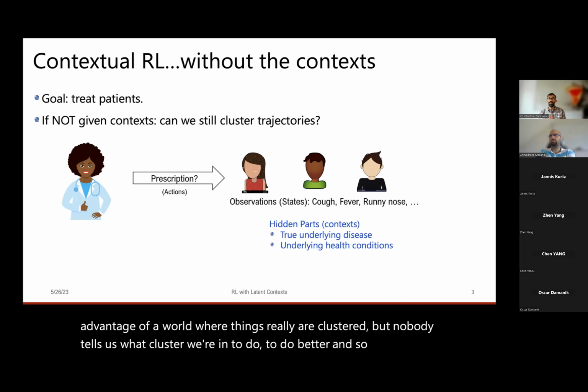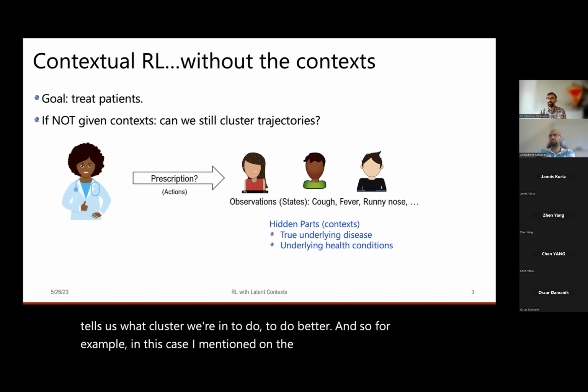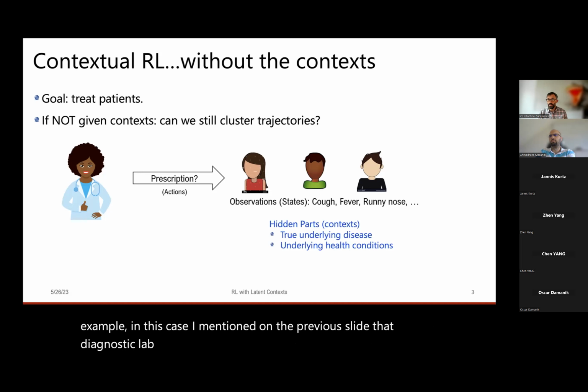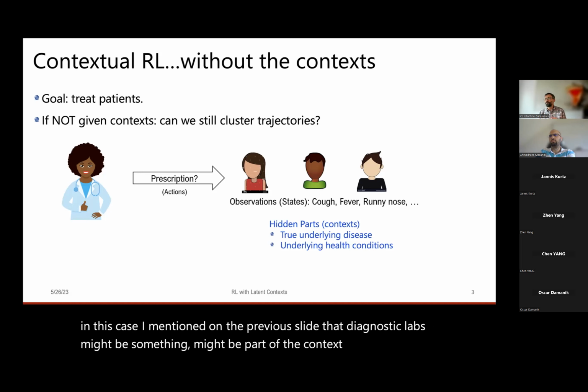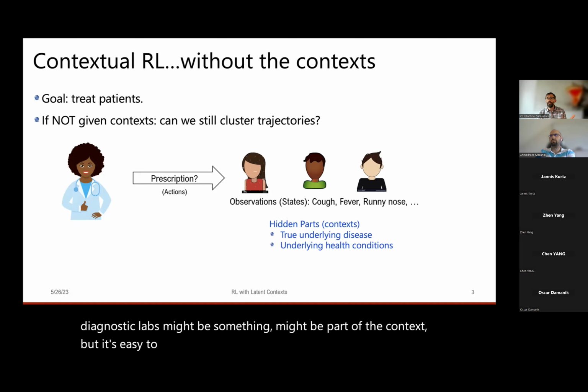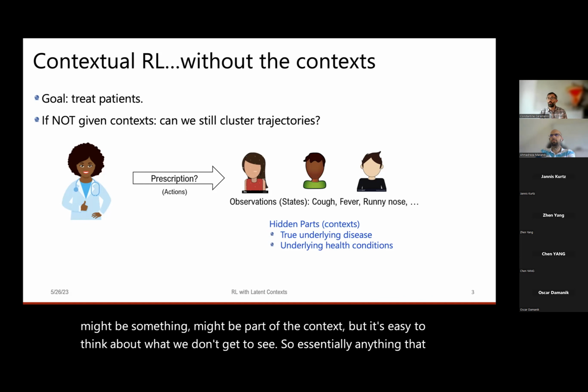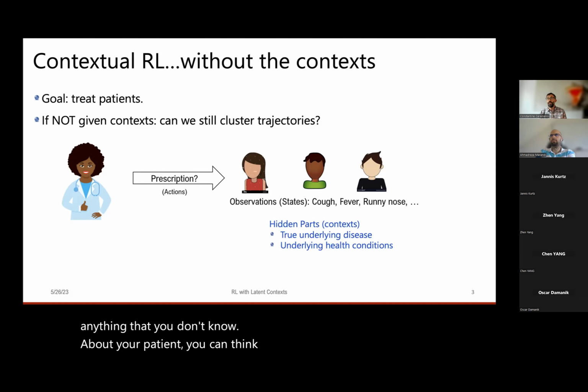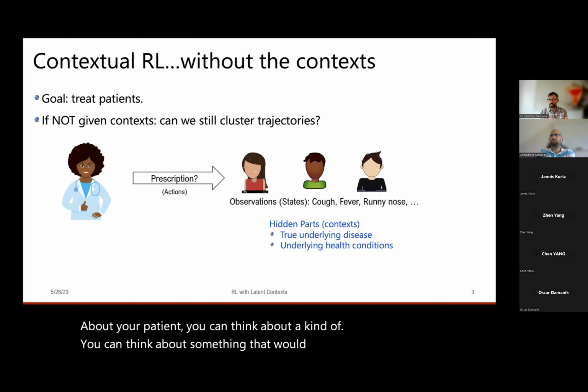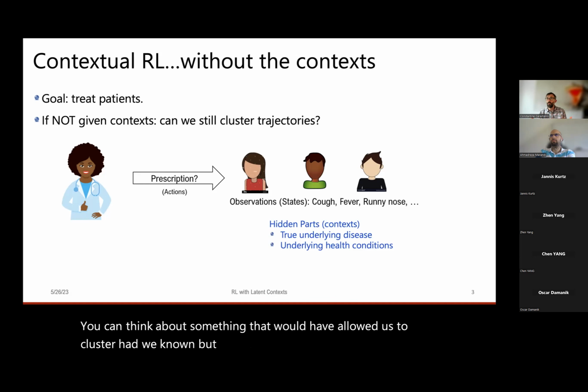For example, I mentioned on the previous slide that diagnostic labs might be part of the context, but it's easy to think about what we don't get to see. Essentially anything that you don't know about your patient, you can think of as something that would have allowed us to cluster had we known, but we don't know.